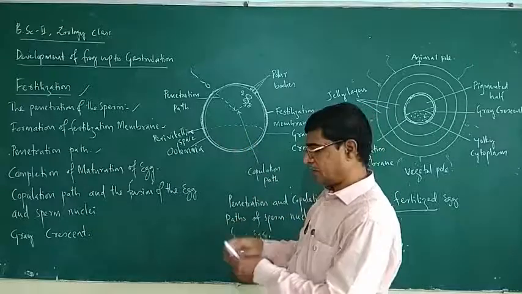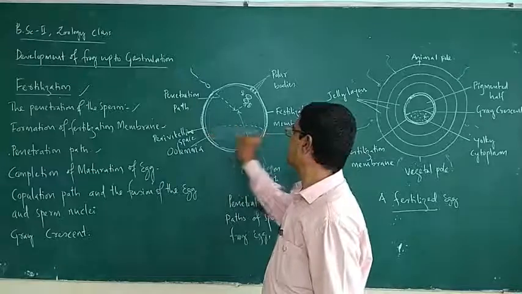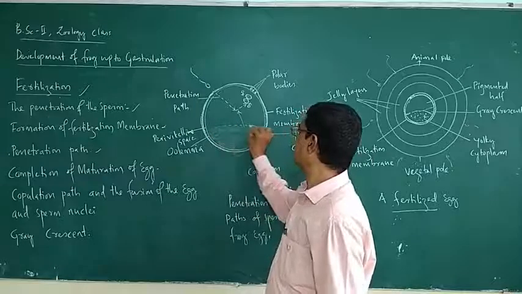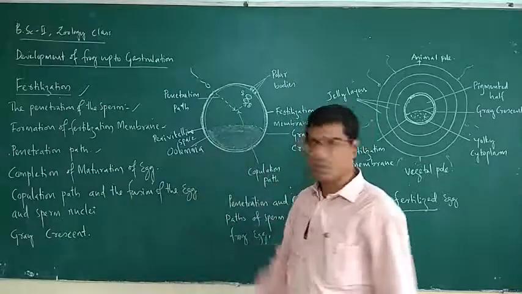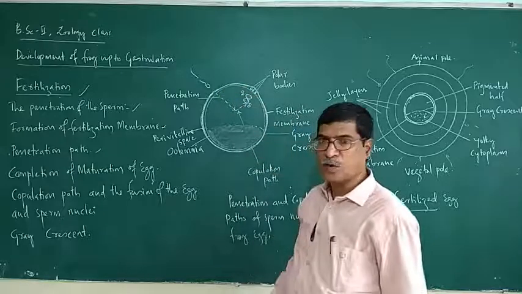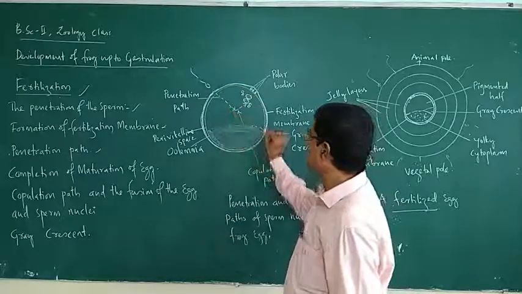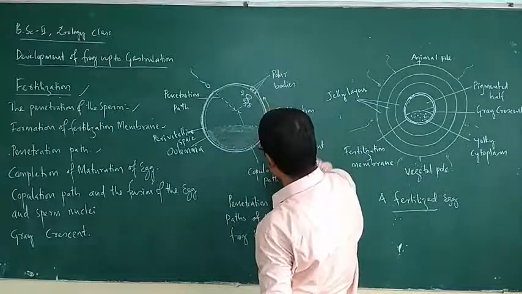Here it is white or yellowish in color because of the presence of what? Yolk. As it moves inside the ovum, the cortical surface is moving. It is trailing like this.